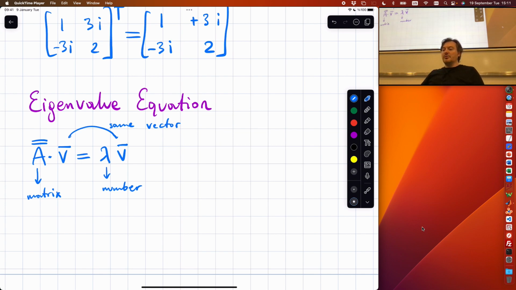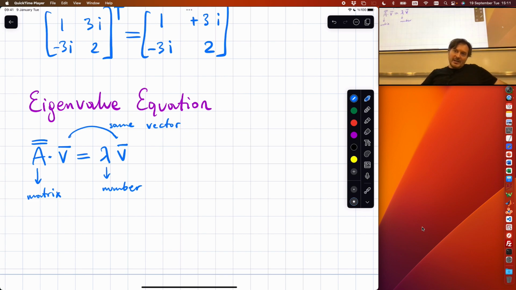What does it mean? Usually, A is a matrix, which means that A is doing some operation, right? Given the matrix A, we are looking for those vectors that upon operation stay in the same direction.